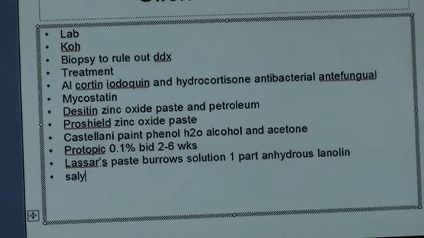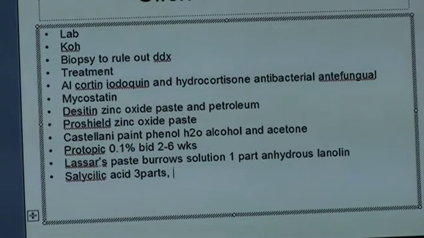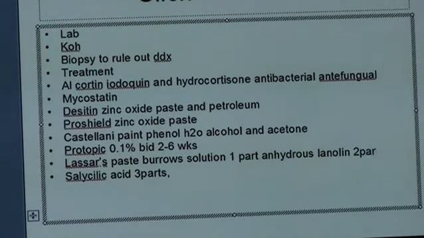Anhydrous lanolin is in there, 2 parts. And you dispense 800 grams, applied at the diaper area. It works really well on kids with intertrigo.